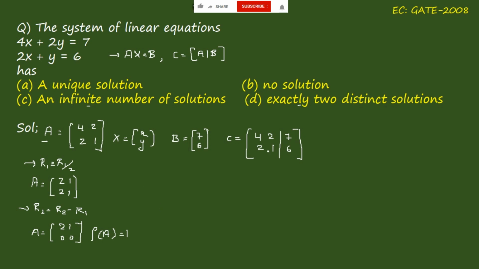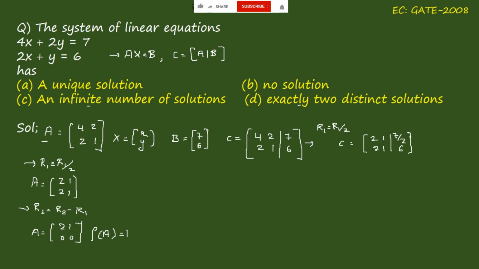Right. Now we find the rank of this particular one. What operation we have done here, same thing we'll be doing here also. So here it becomes R1 is equal to R1 by 2. Now we get the C value. C is equal to 2, 1, 2, 1, and this is 7 by 2, this is 6.